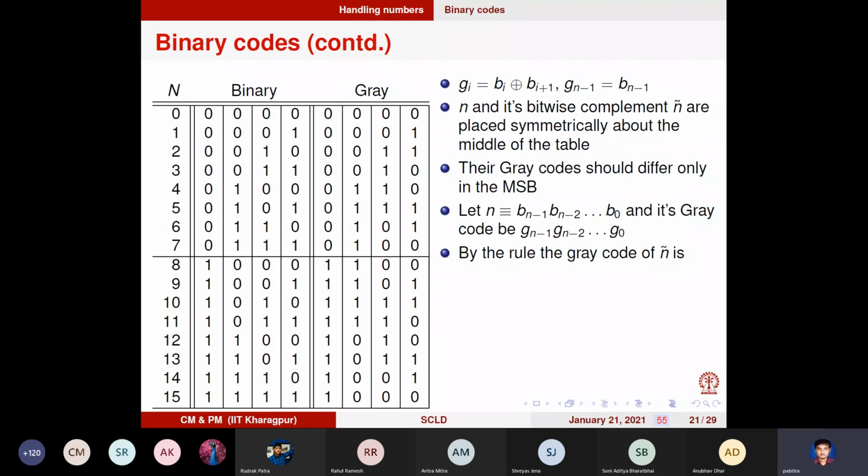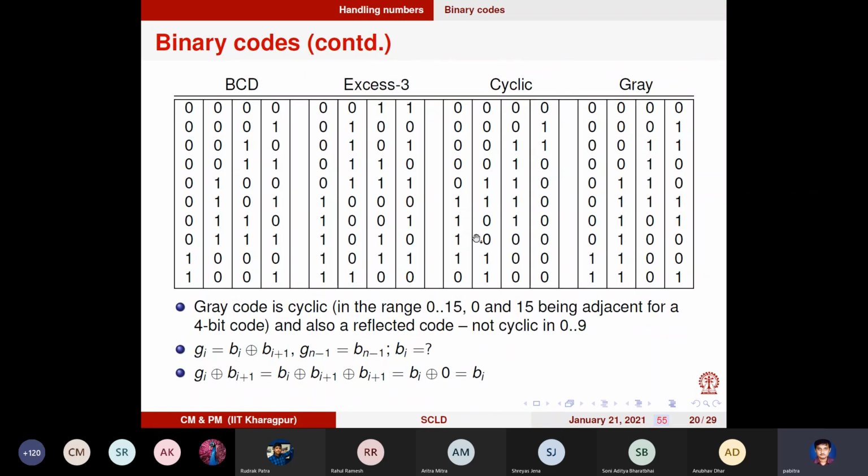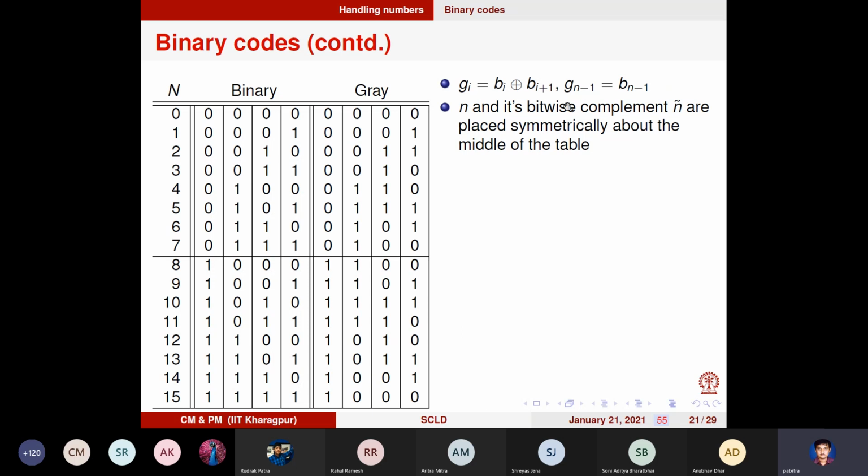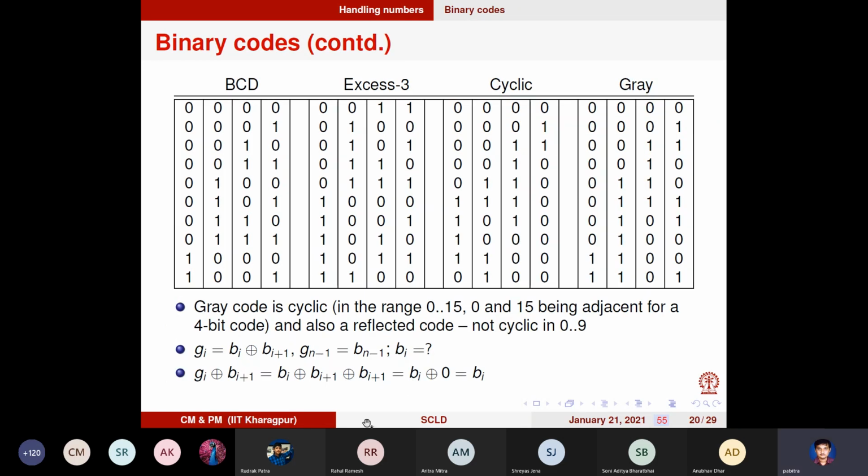So now I have given a visual rule of constructing this gray code, but actually you have to write logical rules so that you can build a circuit to convert binary to gray and vice versa, gray to binary. It can be shown that you can use a number of XOR gates to do this conversion.